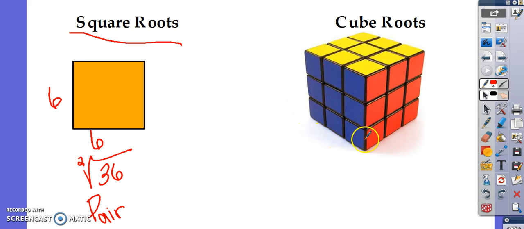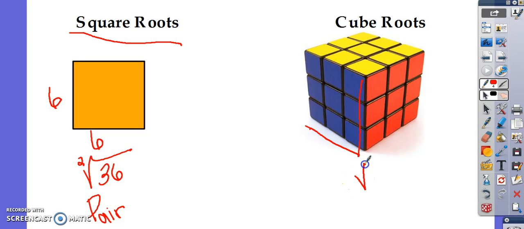And so let's pretend that we were looking at this and we're trying to say, what is the cube root of this? And so what you're really doing is doing the length, the height, and the width of this particular thing. So you're trying to see what times what times what. It's going to be to the third.